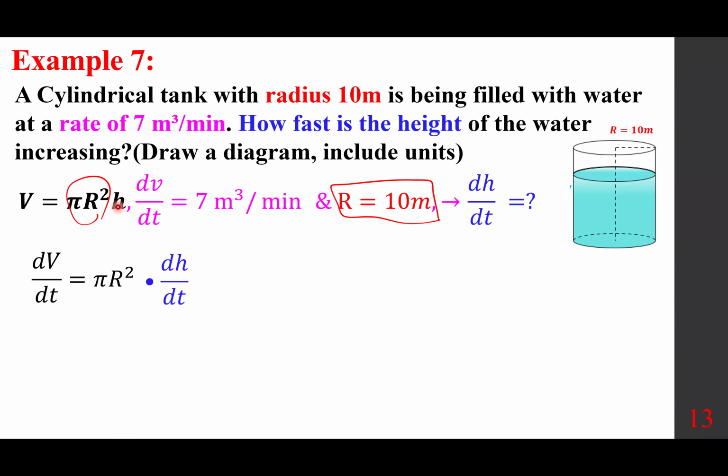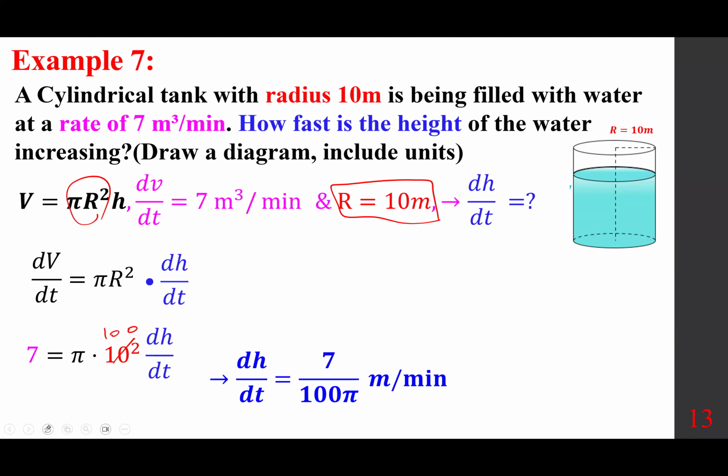There are a couple of different ways to do this. This is one way to do that. At this point, r is replaced with 10, dv dt with 7. This is obviously 100. So 100 pi, divide by it. So dh dt is 7 over 100 pi. Units of h over units of t, meters per minute.